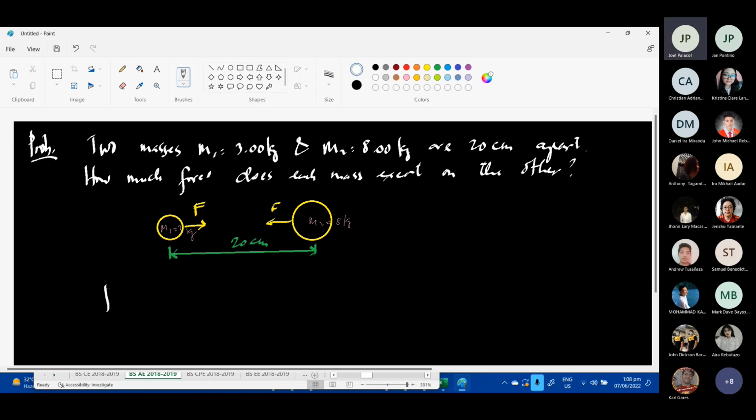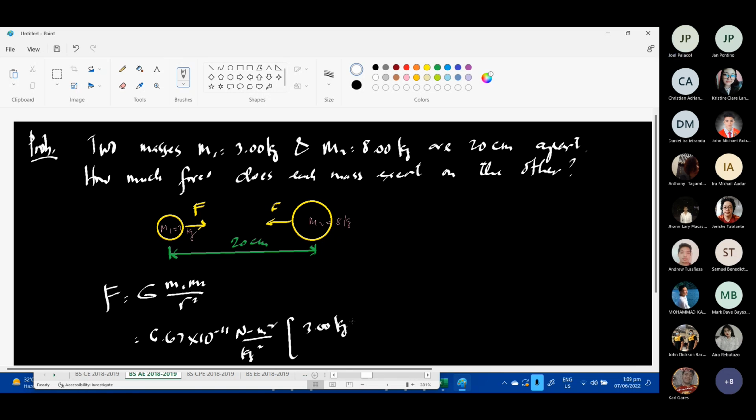So F is equal to G times M1 M2 over R squared: 6.67 times 10 to the negative 11 newton meter squared over kilogram squared, times 3 kilograms times 8 kilograms divided by 0.2 meters squared.